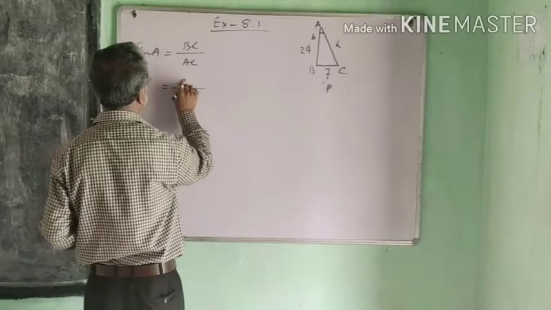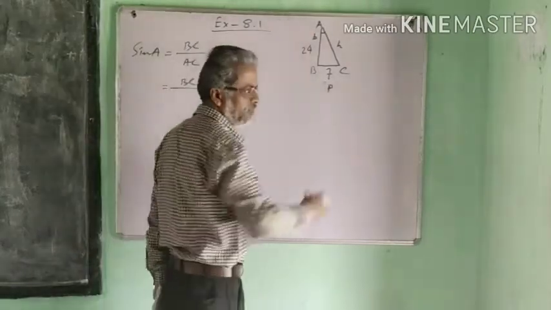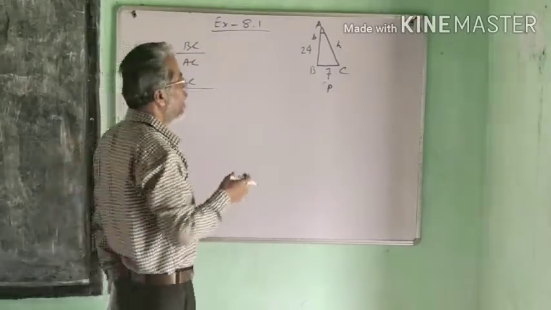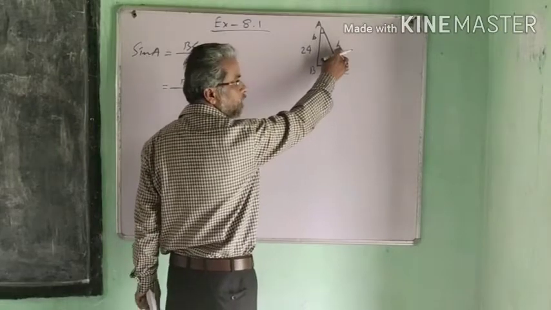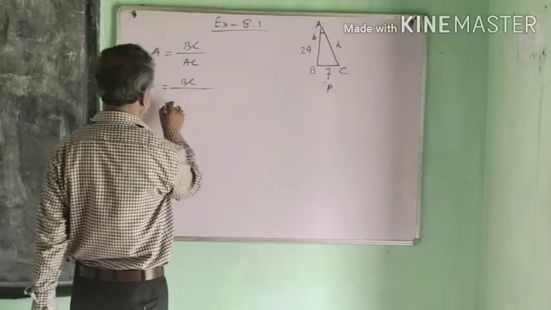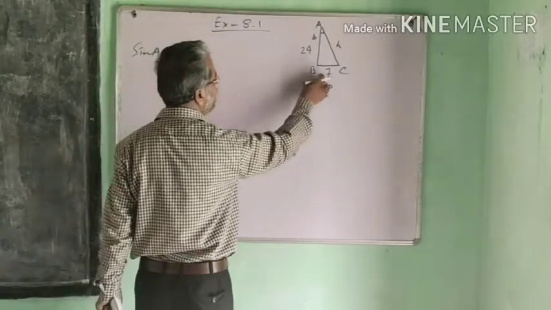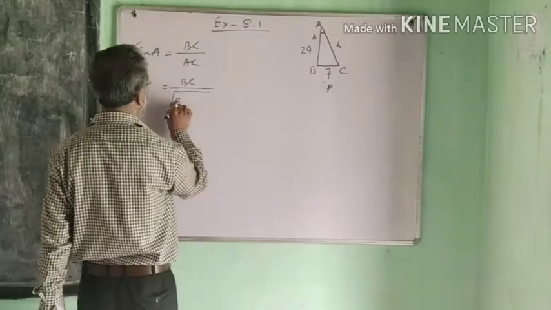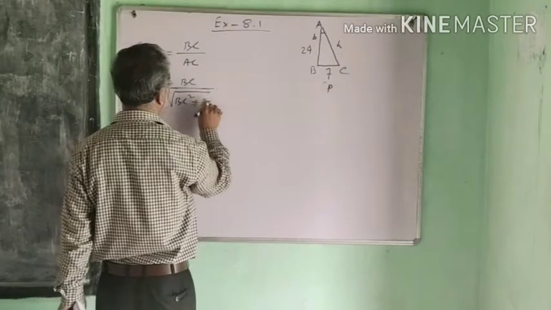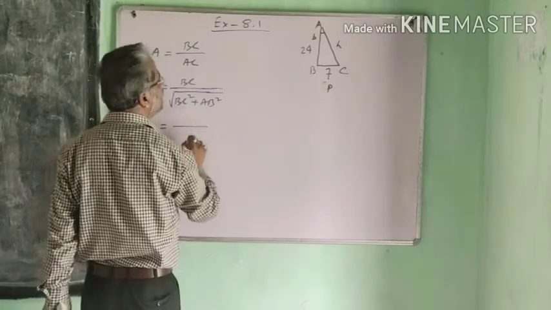Now, what is AC? AC is not given here, but from Pythagoras theorem you can find it. Hypotenuse is equal to the square root of the sum of the squares of the other two, that is root over perpendicular square plus base square. Perpendicular is BC, that is 7, BC square plus AB square. Now put the values.